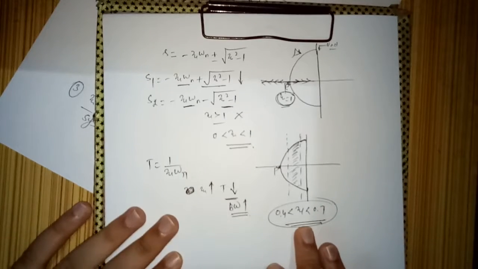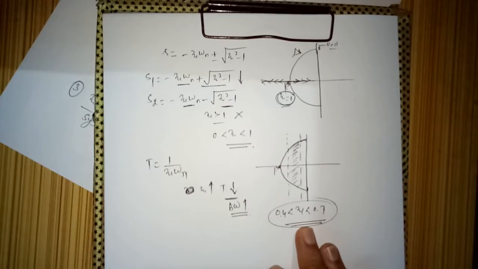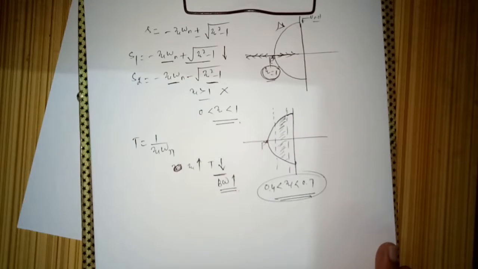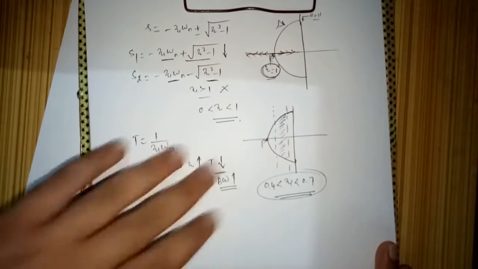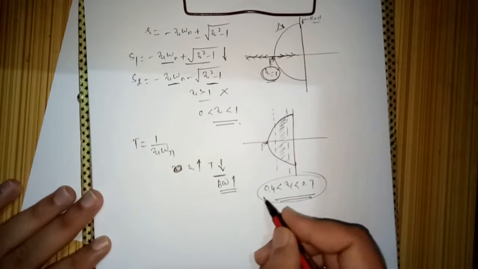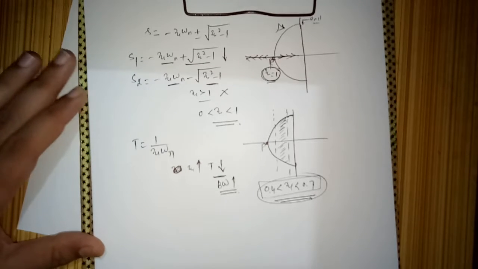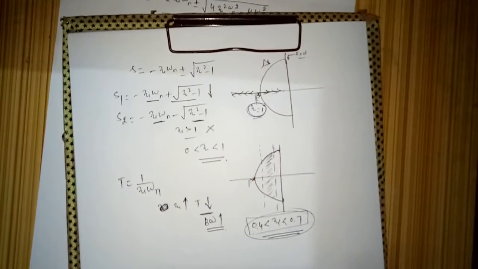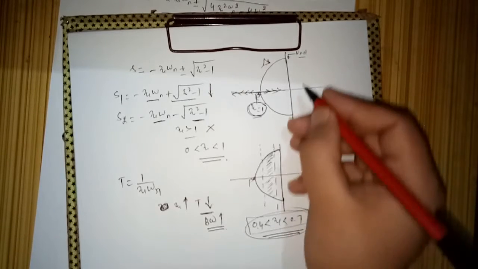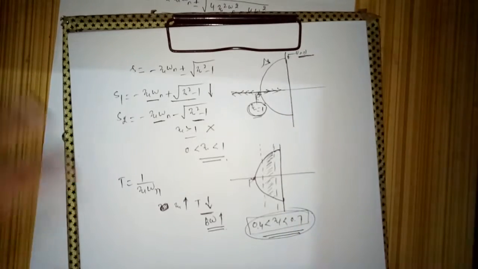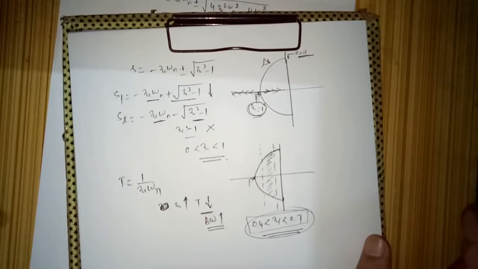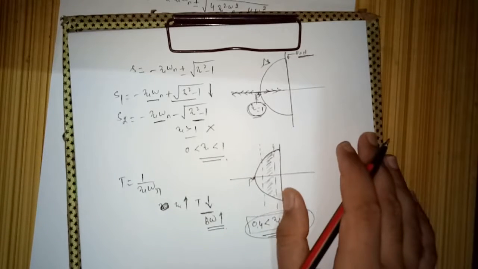This is not standard, this can vary depending on the application of the system. It is not necessary that we have to take this value, but that depends on the kind of response we want. First of all, let me mention some points. An undamped system is an unstable system, not desired for our control system, right?